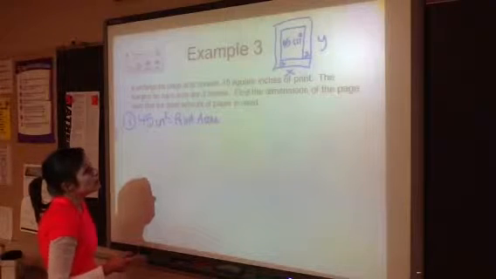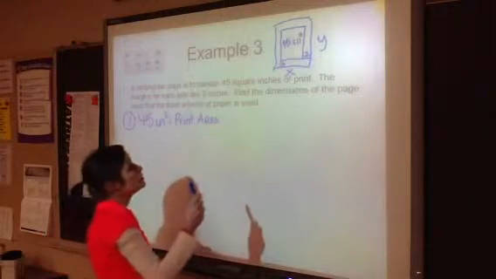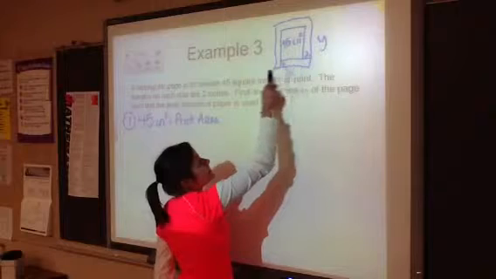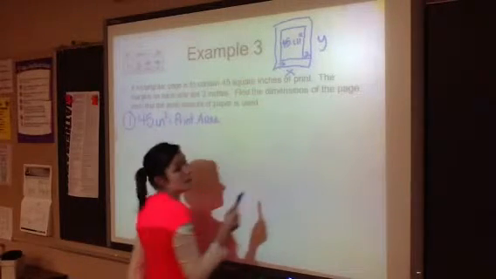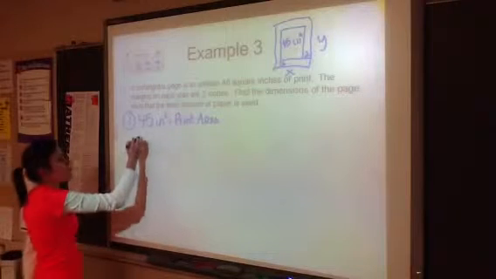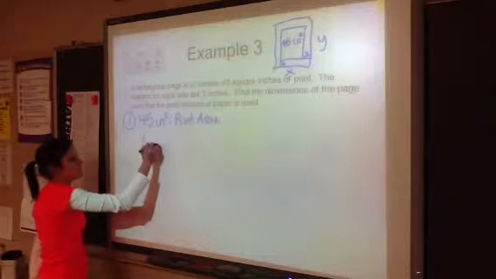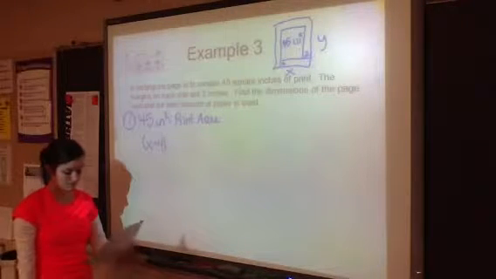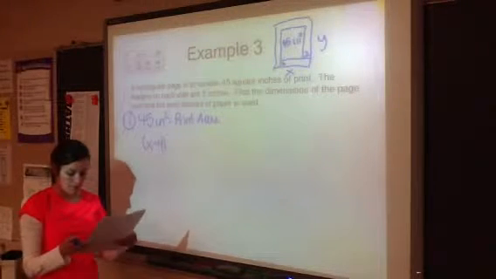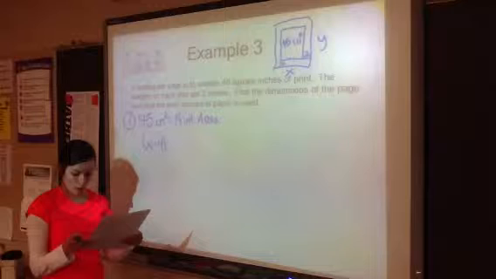I labeled this X. So this length right here would be X minus 4. Questions on that? X minus 4.